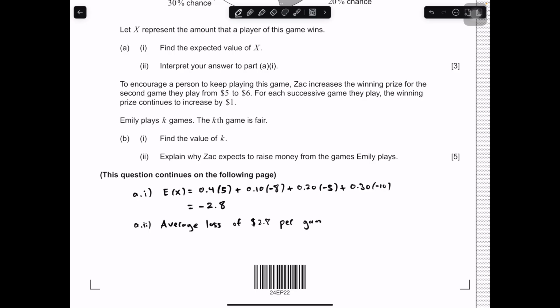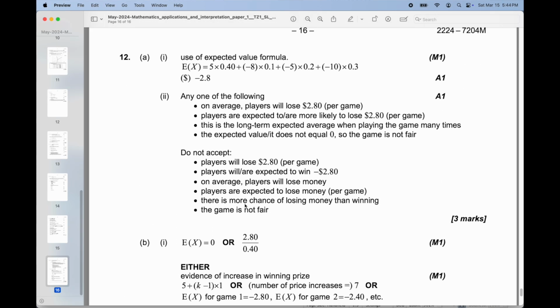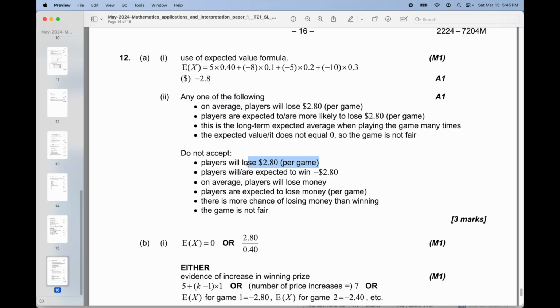And just to give you an idea of what the IB is expecting here, here's a mark scheme. Let's scroll down. So here we are. On average, players will lose $2.8. Players are more likely to lose $2.8. The key word is average, so do not accept players will lose $2.8 per game. Players are expected to win negative $2.8.